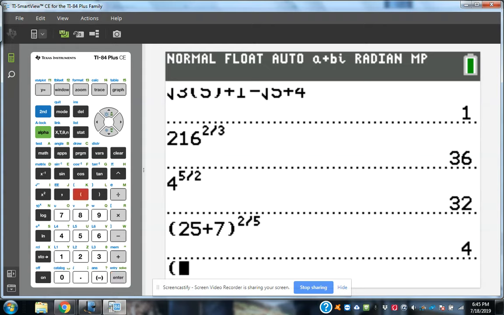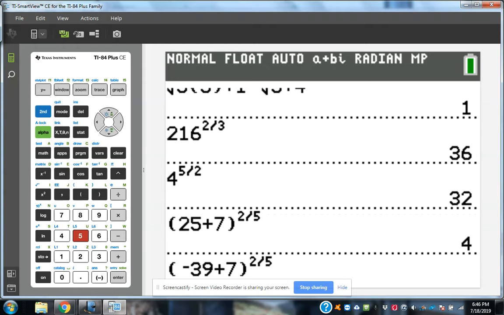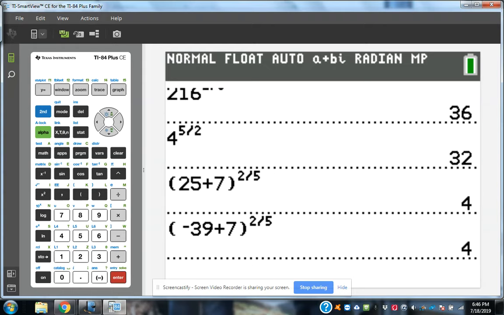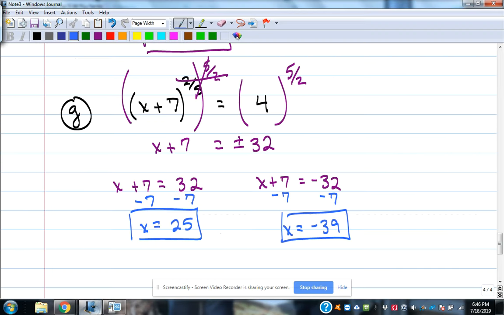On the other one, it was negative 39 plus 7 raised to the 2/5. And I get positive 4. I'm going to keep both of those. So even though it's a rational exponent, it's not a radical anymore, we still need to go back and check those and make sure that they are correct solutions. So both of those check on that one, and we're good. All right. So let's do another one here.